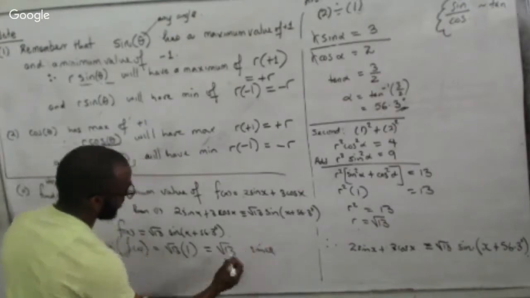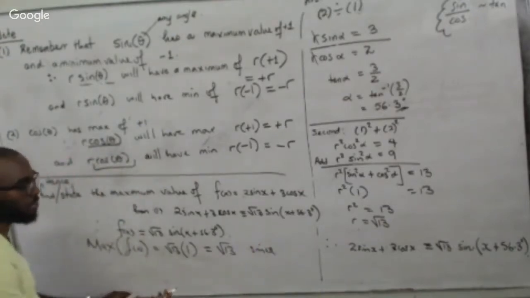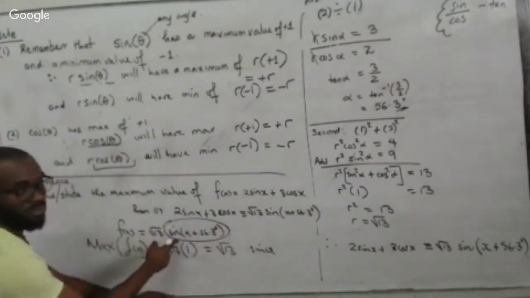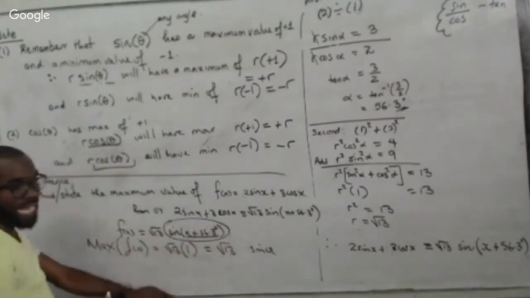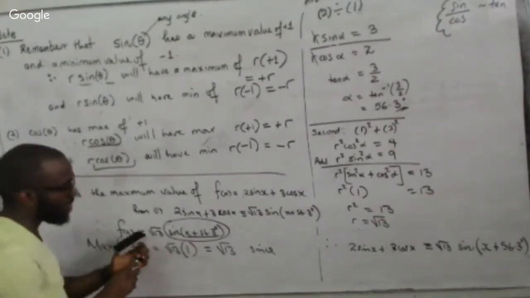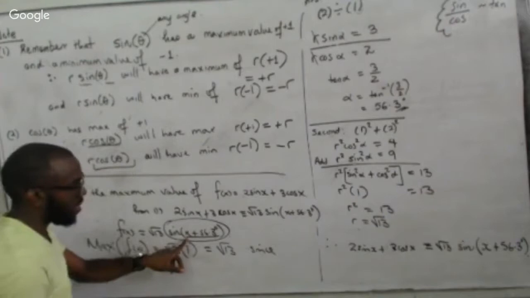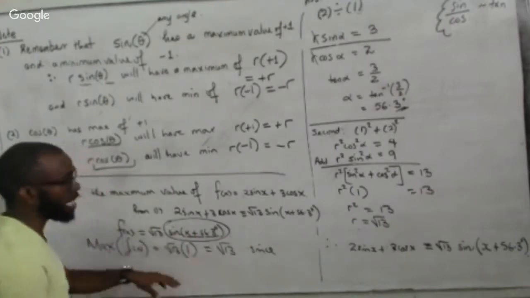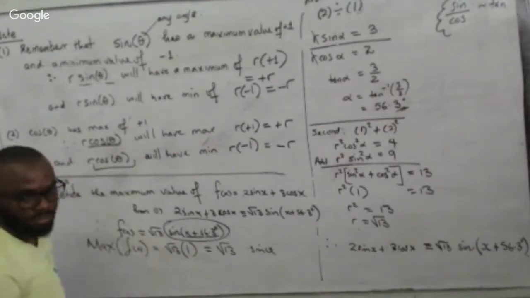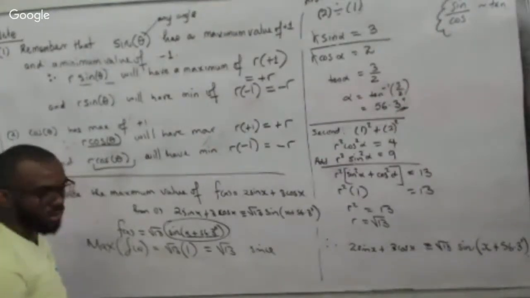You don't need to write it, but if the examiner asks for an explanation, you'll say it is because this has a maximum. It doesn't matter what sits inside as an angle, because if x was 100, 156.3 cannot surpass positive 1 and cannot be less than negative 1.